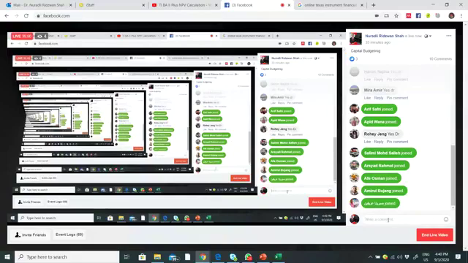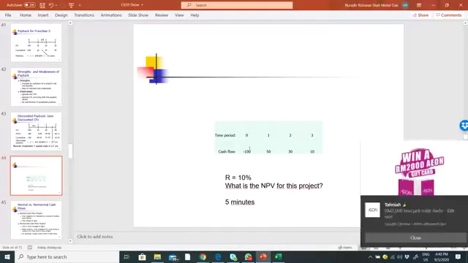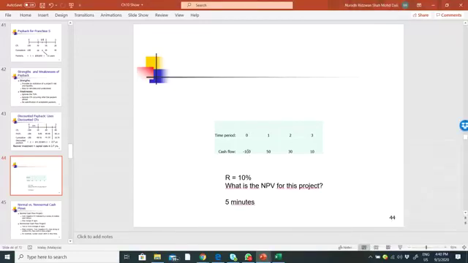Can you type the answer here? Anyone can give the answer. Initial investment is negative 100. Year 1 cash flow 50, year 2 30, and then year 3 is 10. What is the NPV for this project?